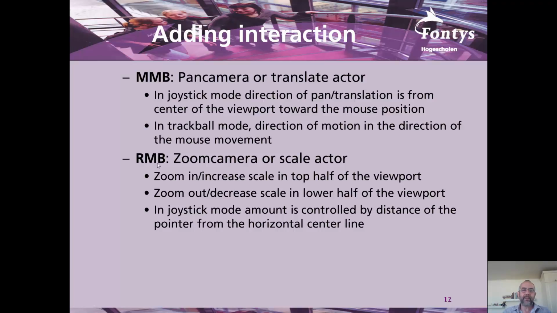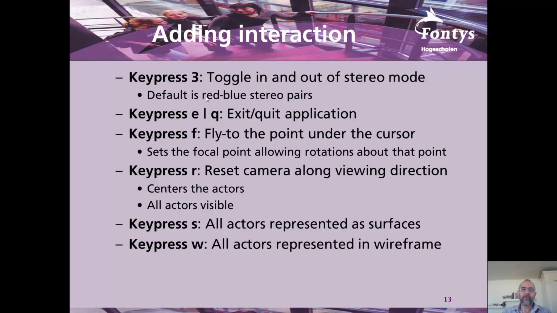And with your right mouse button you either zoom your camera, you move forward and backward, or you scale the actor. And there are more. With 3 you toggle in stereo mode, with E or Q you can quit, with F you fly to the point on the cursor, you can reset your camera and so on. Just try them to see what they do.